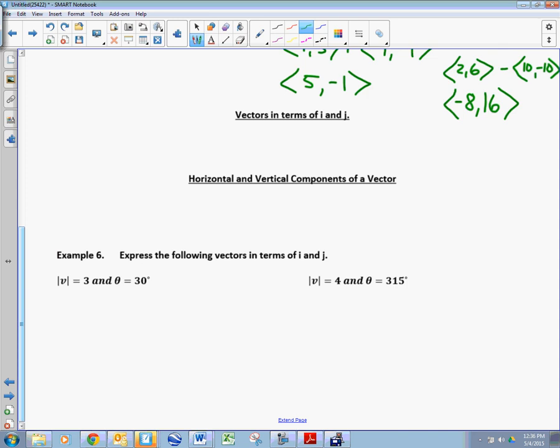Vectors in terms of i and j. So don't ask me why, because I really don't have a good answer for you. But if you have a vector 3, 4, it can also be written this way: 3i plus 4j.